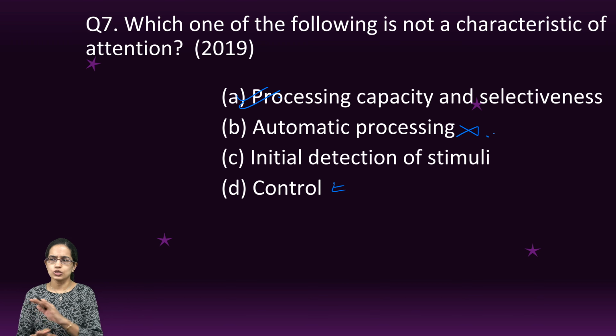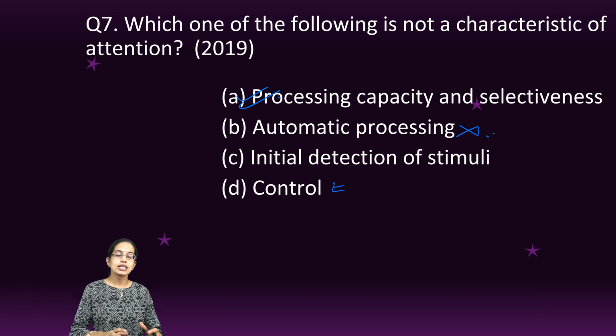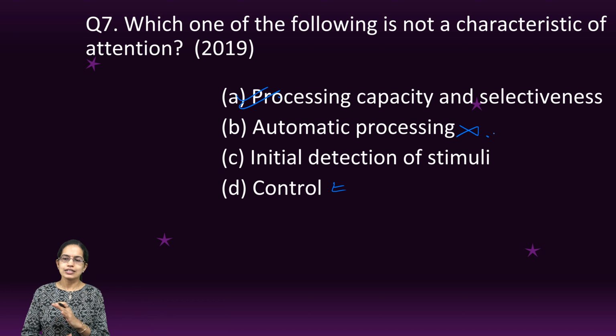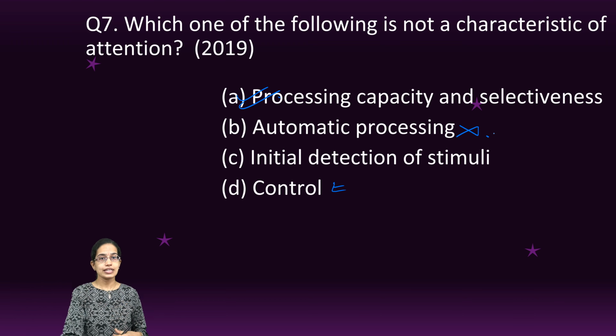Automatic processing is not part of attention. Attention is a voluntary process, and therefore automatic processing is not required. If I feel I need to be attentive in this lecture, I will be attentive. So that means it's a voluntary action. It's not autonomic, like a heart beating continuously.